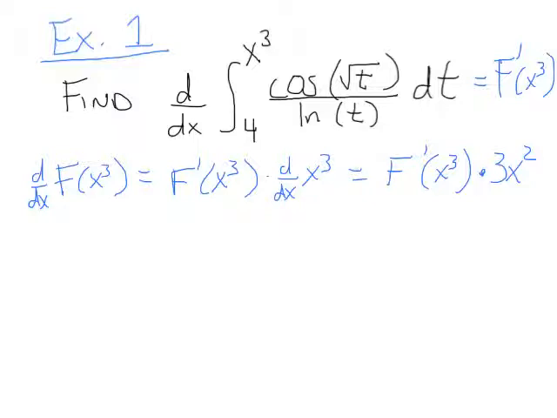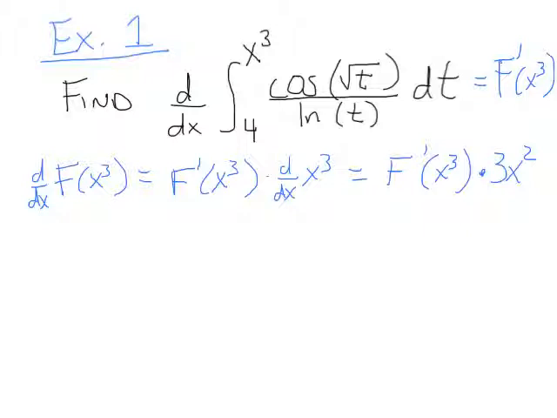Okay, so what we're going to do is use the chain rule. When we're asked to take the derivative of this integral, we're saying take the derivative of big F. We can plug x cubed in for t, because that's our variable, but then we apply the chain rule. So remember, the derivative with respect to x is the derivative of the outside times the derivative of the inside, or in other words, the derivative times 3x squared.